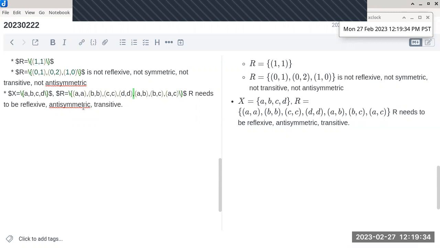But you cannot say how A, B, or C relate to D. Because AD is missing, BD is missing, CD is missing, DA is missing, DB is missing, DC is also missing. So D is just one of those elements that's floating around, but you cannot tell me how it relates to all of the other elements.